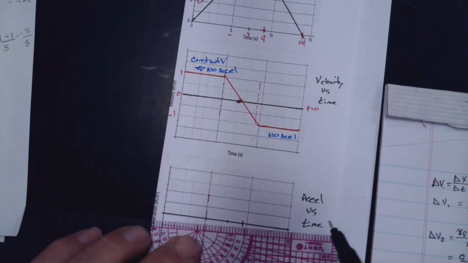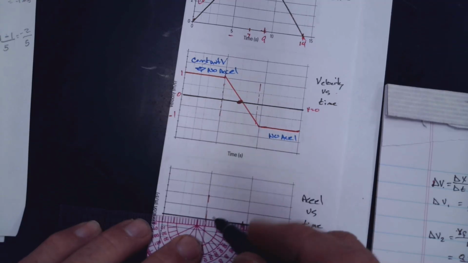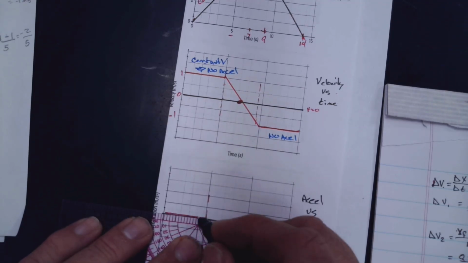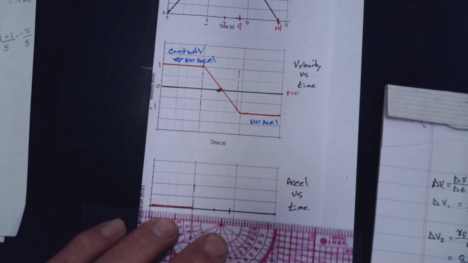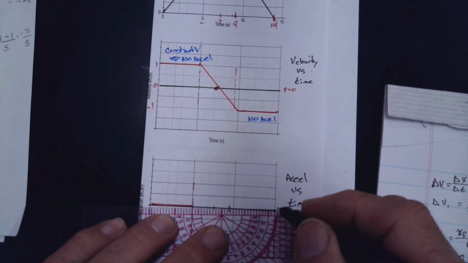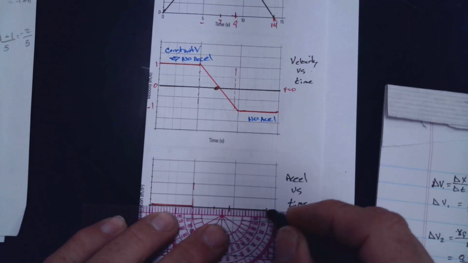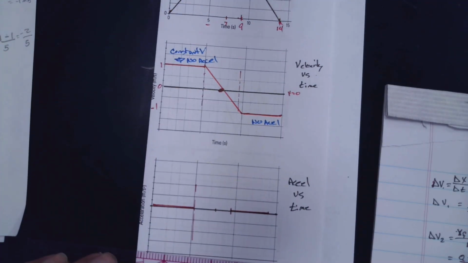It's going to help me. No acceleration, so I can put in no acceleration there. I can go over here and put, and really I should stop here, no acceleration. I should stop at 9.